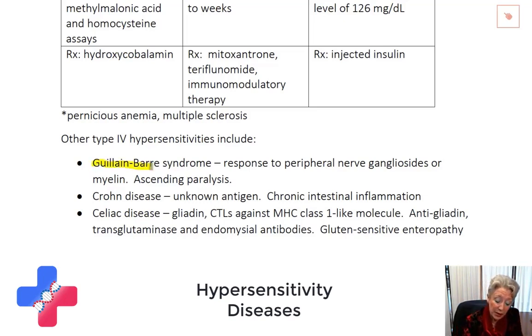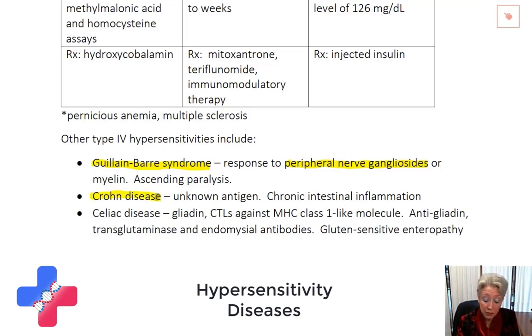But Guillain-Barré syndrome is a response to peripheral nerve gangliosides, an ascending paralysis. And remember, it does have an infectious disease component, that it is common to see Guillain-Barré after influenza and also after Campylobacter infections, probably because of molecular mimicry.